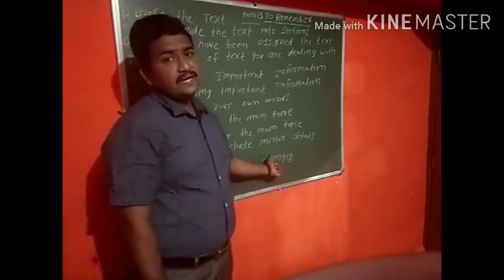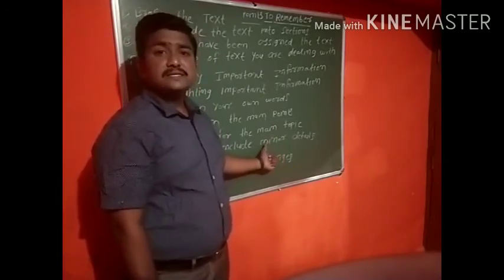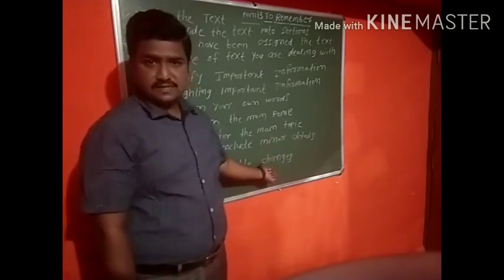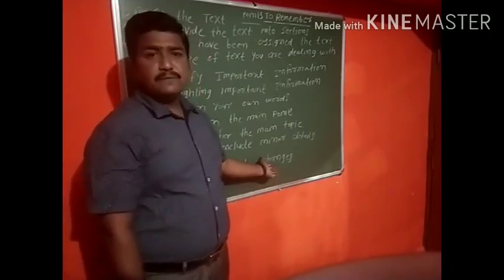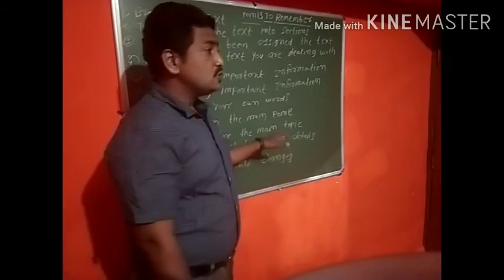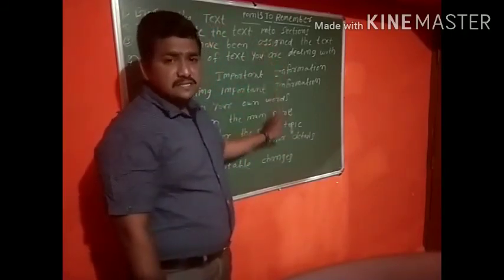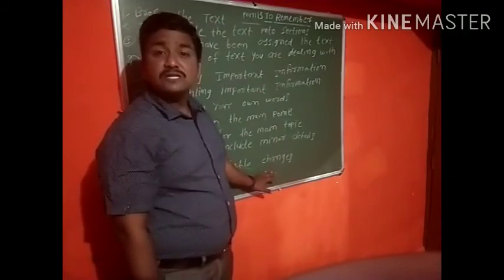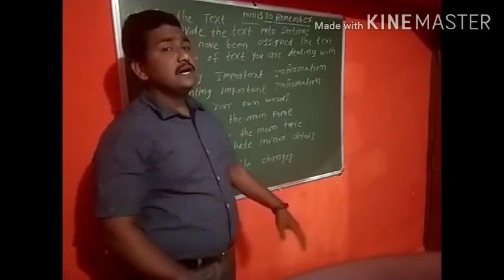From that you will understand that the title is different from the given passage. If you really want to develop your summary writing, you have to remember these 11 or 12 points, and then you will write it down.